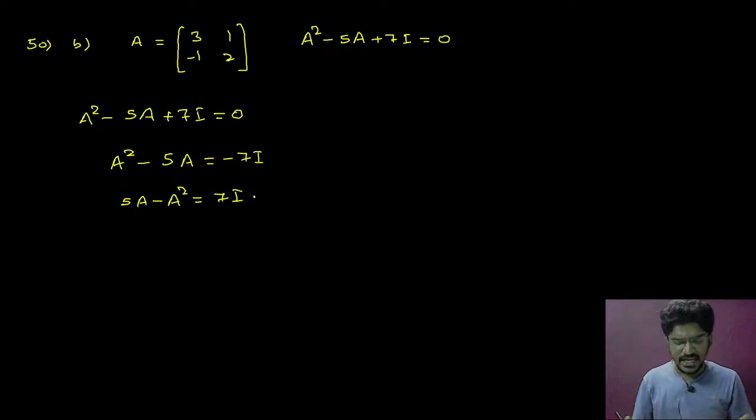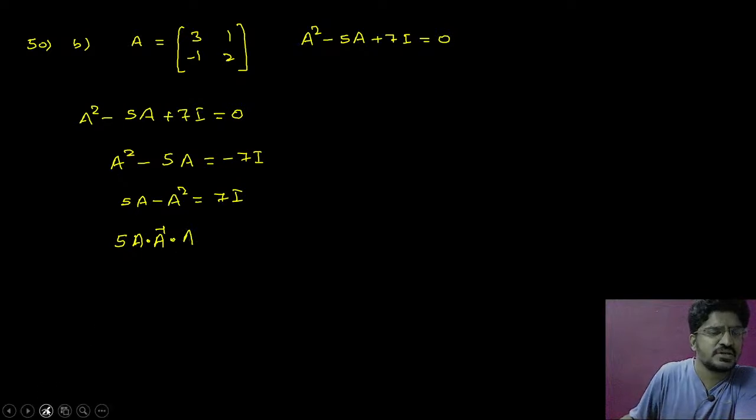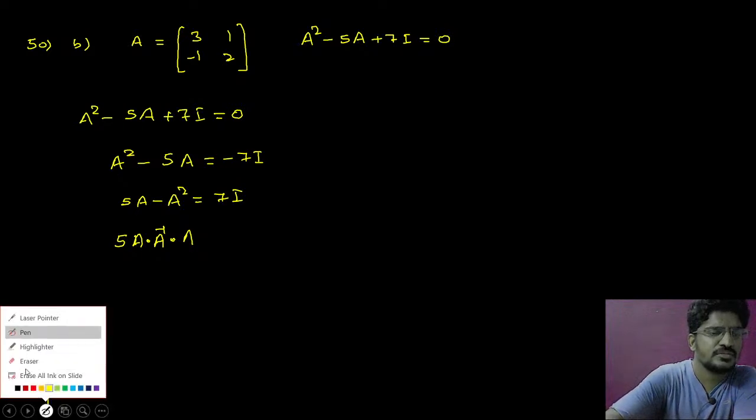So by taking the negative sign on both sides, it will be 5A minus A square equal to 7I. Now what we have to do? We have to multiply A inverse on both sides. After multiplying A inverse on both sides, it will be 5A into A inverse. You can just see here A square is A into A.